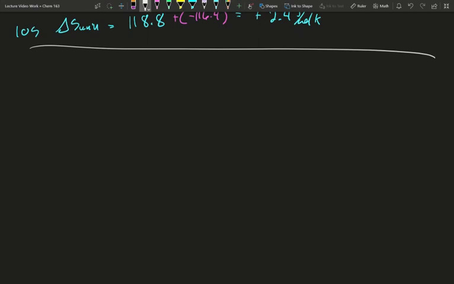Takeaways here, the three relations we need to follow. The delta S of my reaction, or the system, is equal to the sum of the standard state S values of my products minus the sum of the standard state entropy values for my reactants.